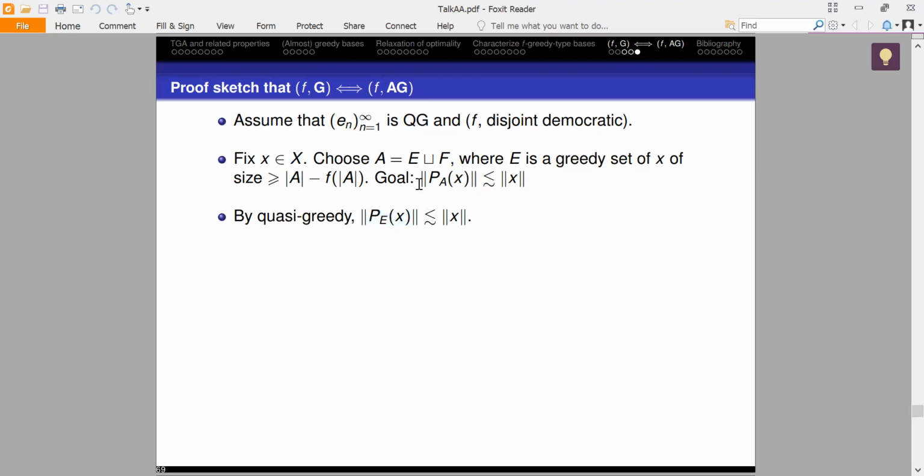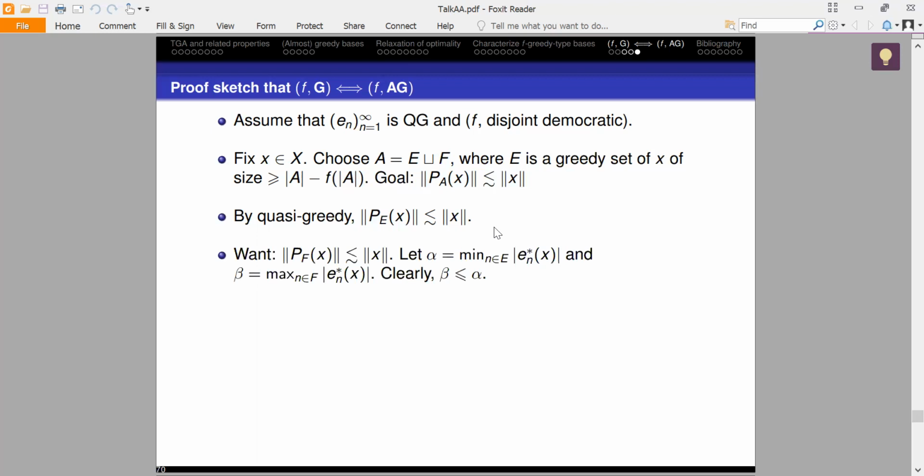So in order to prove that P_A x is bounded by x, we only need to prove that P_F x is bounded by x. But now remember, F can be anything. F doesn't have any restriction at all, right? The only restriction is that the size of F is at most f(|A|). That is the only restriction. So we want this.